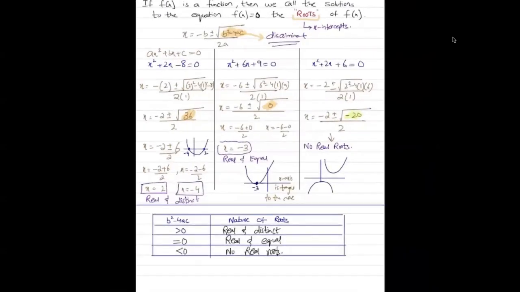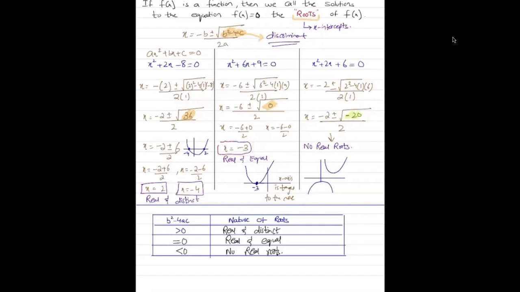So if I know that the discriminant of this equation is positive, then when I solve this equation, I'm going to get two different roots. When the discriminant is equal to 0, that means that I'm going to have real and equal roots. That's why you were only getting one value. That means that the x-axis is basically tangent to the curve.